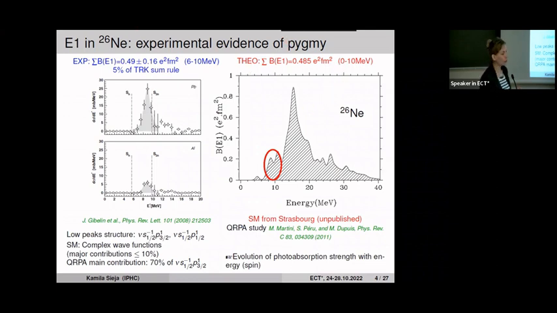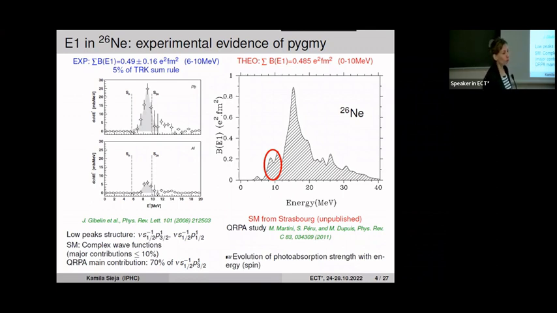In addition, there was also a study from QRPA, from Marco Martini, Sophie Péru, and Marc Dupuis, that was published in this paper, and I will refer a lot to these calculations because they are published and I have them in hand. I'm sorry if I don't quote some other QRPA calculations that could have been done in this mass region.